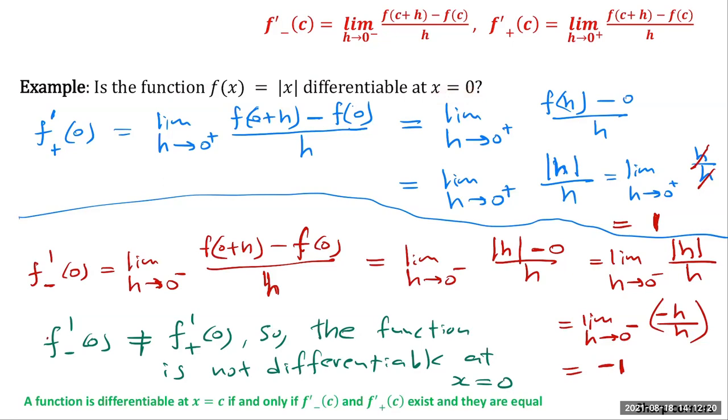You all know from your pre-calculus class that the graph of absolute value of x is V-shaped. Here, as you can see from the graph, you have a sharp corner, a sharp vertex. If you have sharp corners in your graph, at those points your function is not differentiable.